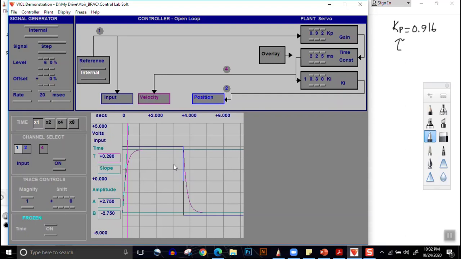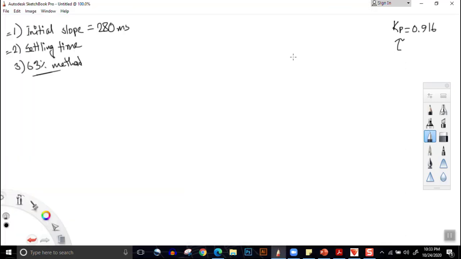And now the second approximation method is the settling time method. The theory of the settling time method is that generally the output sometimes has overshoot. You must have learned it in theory classes, and this is the steady state value.